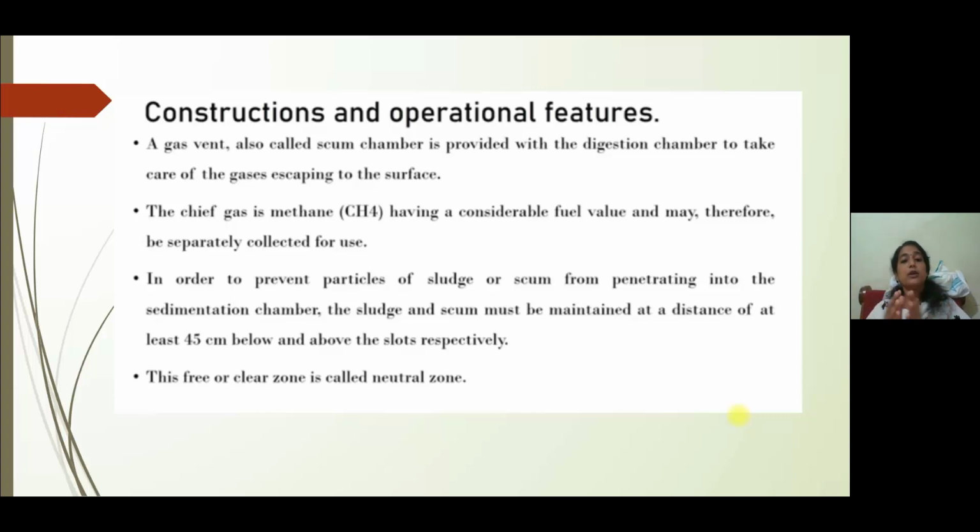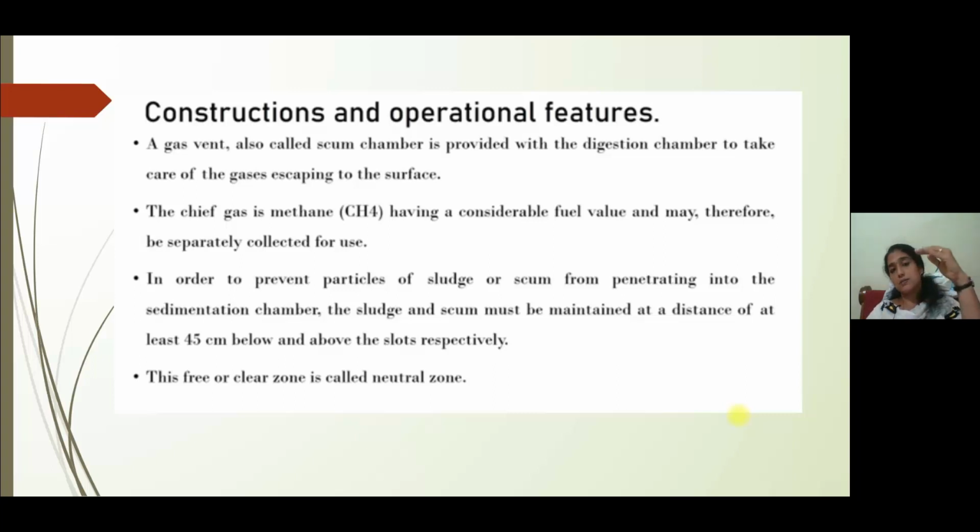In order to prevent particles of sludge or scum from penetrating into the sedimentation chamber, the sludge and scum must be maintained at a distance of at least 45 centimeters below and above the slots respectively.